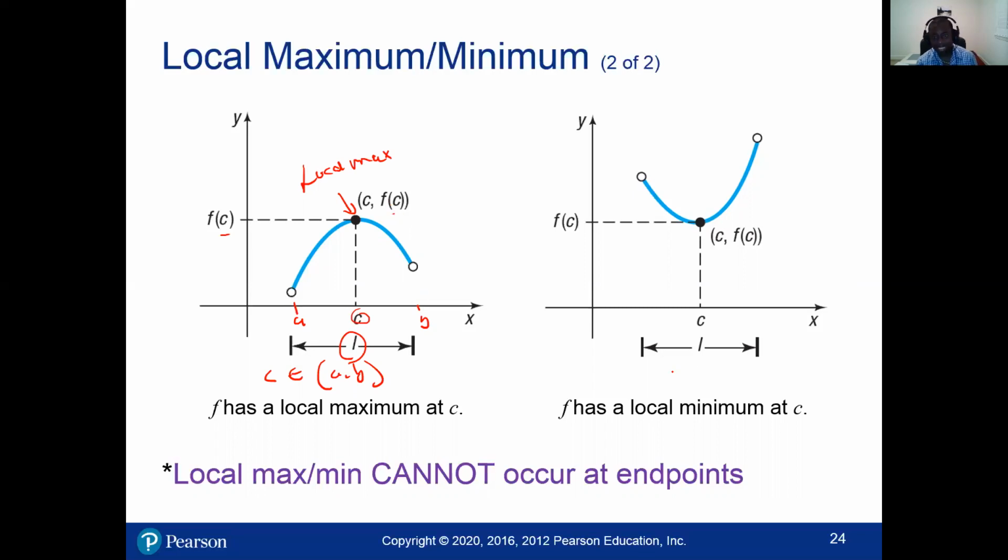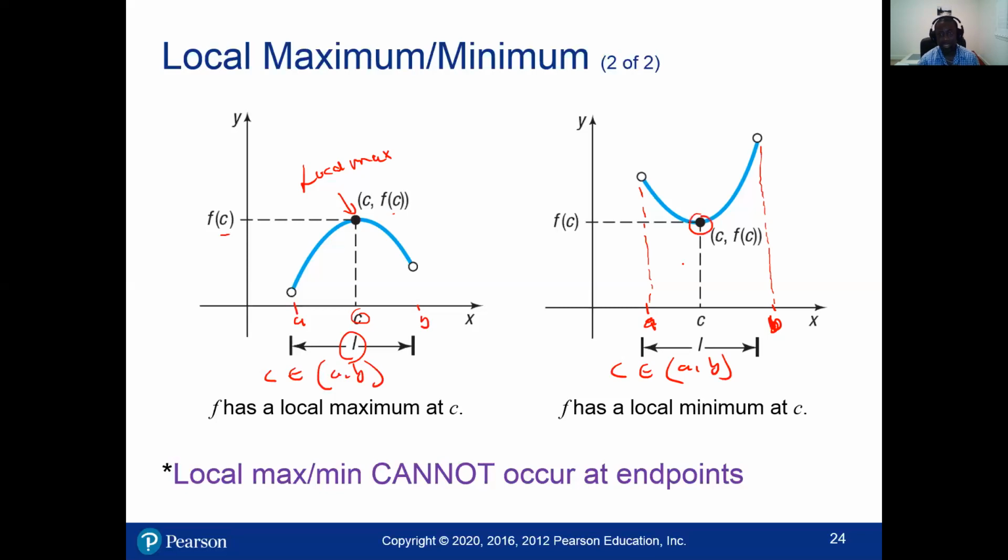On the other hand, on the other graph, that is A, and that's B. Now it's still the open interval AB, and C is in that interval.